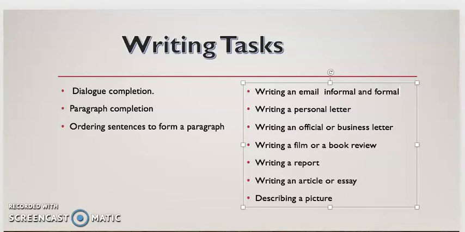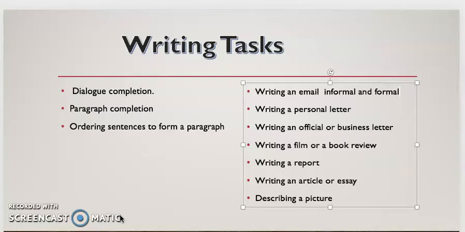In paragraph completion, students are given an introductory sentence and they ask you to complete with information that you can come up with, which means that you have the first sentence that can guide you, and you are going to write other sentences that have a relation to the first one, so that you have a complete coherent paragraph.